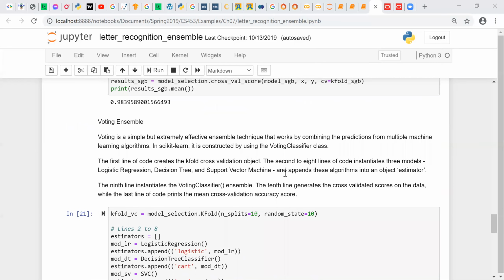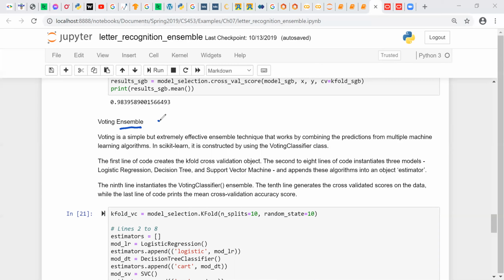And then the last part shows voting ensemble. All the previous ones we discussed use a single learning algorithm, decision tree, but you can allow multiple trees to do ensemble. But ensemble is not just that case.